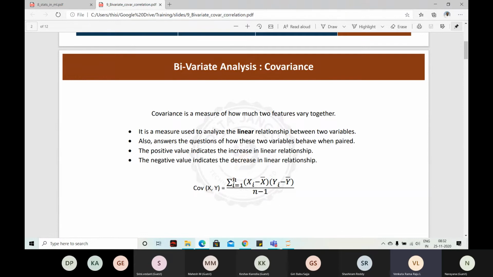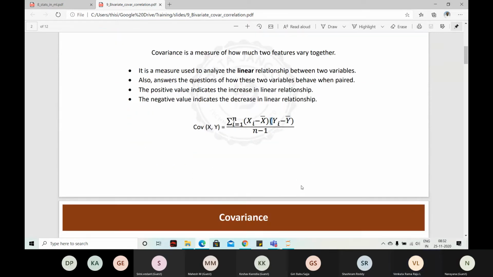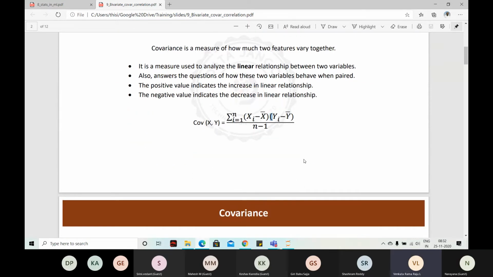The formula for covariance is (xi minus x bar) times (yi minus y bar). What are x and y? Two columns. It can be input and output, or input and input also. Sometimes you may have to calculate covariance between input and input also. It is a measure used to analyze the linear relationship between two variables.